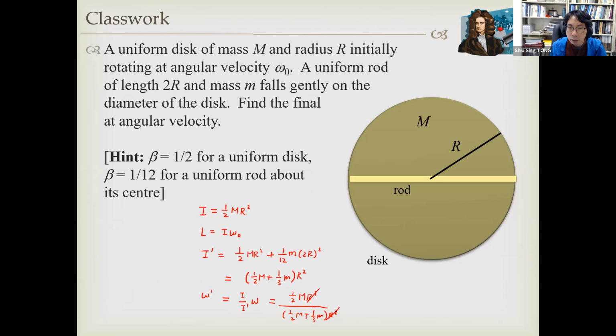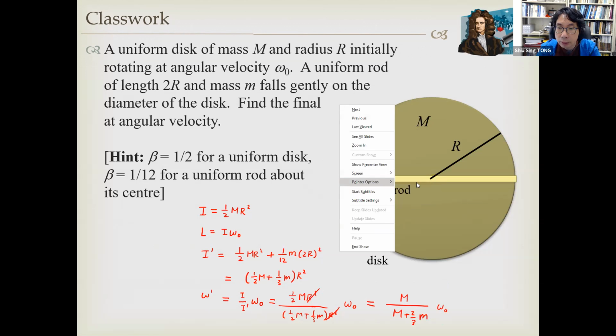So now we cancel the r squared, we write the rod here, and so eventually we got M over M plus 2/3 m, omega naught. Is that right? That is the answer. Okay. All right. Any questions about this?